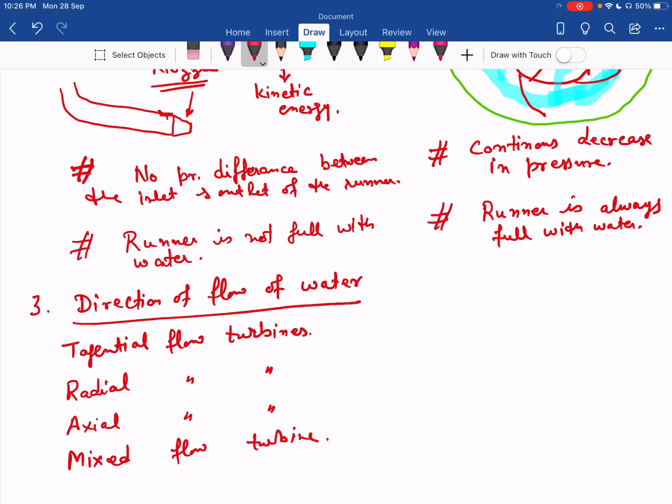These are the four types of turbines on the basis of direction of flow of water in the runner. Now, tangential flow means when the flow is tangential to the runner.